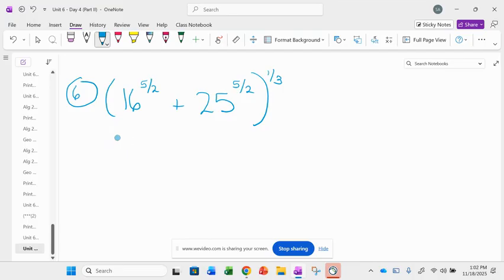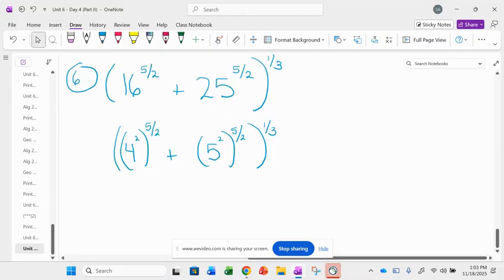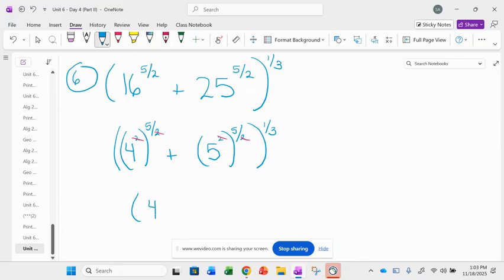So here we're going to have 4 to the second raised to the 5 halves plus 5 to the second raised to the 5 halves, all raised to the 1/3. This cancels and this cancels. So now we have 4 to the 5th power plus 5 to the 5th power, all raised to the 1/3 power.